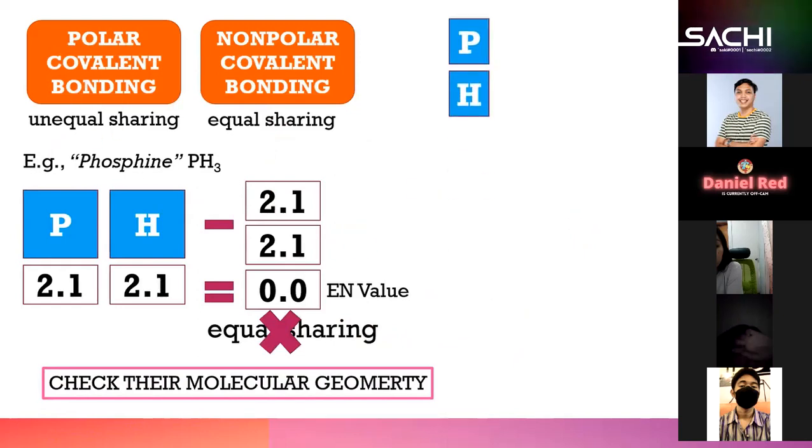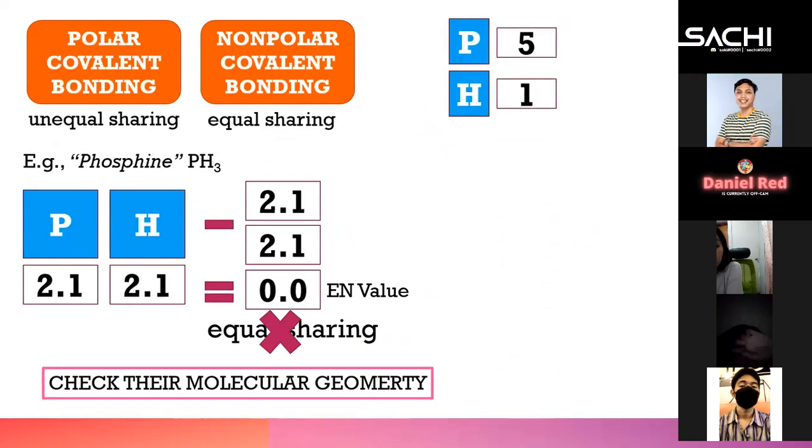Let's proceed. Once again, we have the element phosphorus and the element hydrogen. We need to determine now the valence electrons of the two elements. Phosphorus has 5 valence electrons and hydrogen has 1 valence electron. After identifying the valence electrons, you need to draw the Lewis structure of the two atoms.